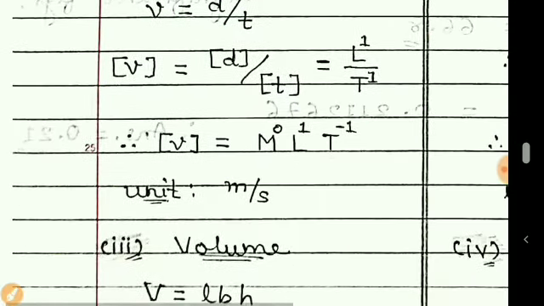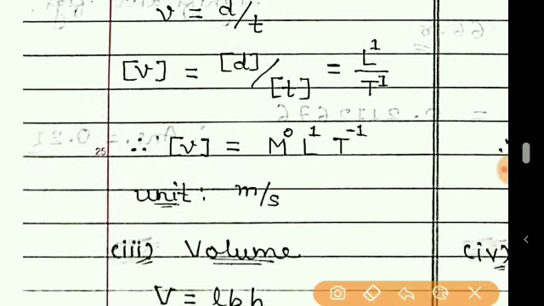Now for the unit, distance is measured in meter. You can see from the formula, distance is always in meter and time is in second. So the unit of velocity is meter per second. Or you can check like this also.